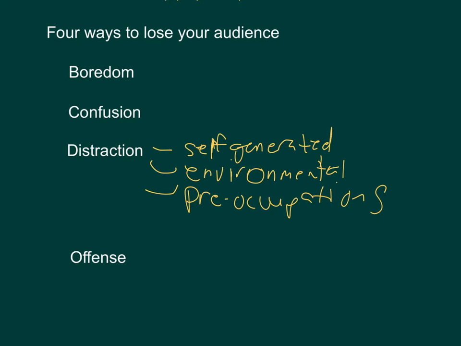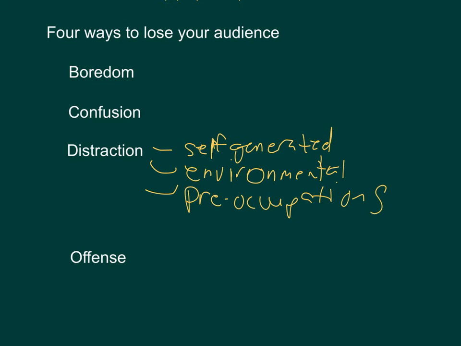Offense is like a distraction because it causes the audience to focus on something else, but it's also unlike it because it happens out of punishment, not because of a natural loss of interest, if that makes sense. So offense is different because it is like a distraction in that the audience is occupied, but it's out of punishment, not out of disinterest.